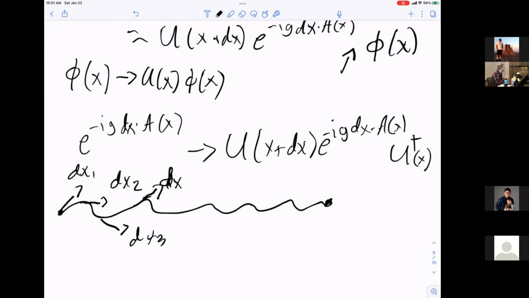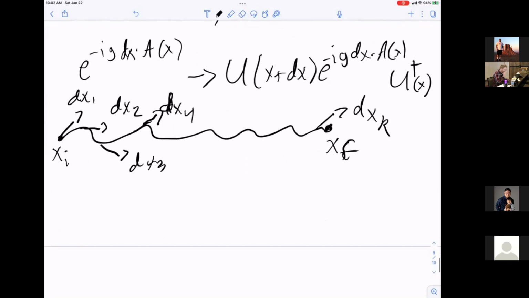That's really the heart of this derivation. I could have just given you the object and said, look, this has the transformations I want. But I'm trying to motivate why there is a path order. Up until some final movement, dx k gets me to where I want to be. So here's x initial, here's x final.